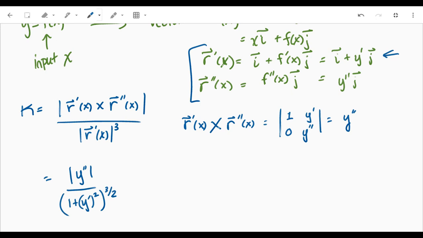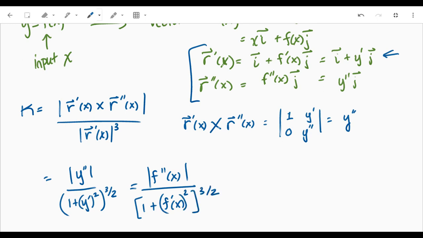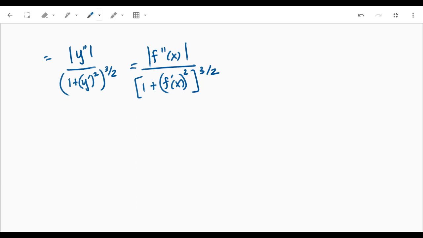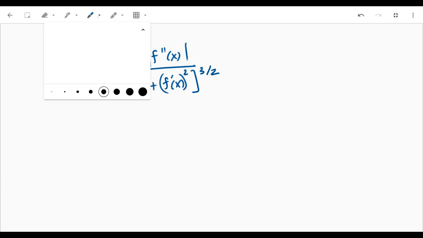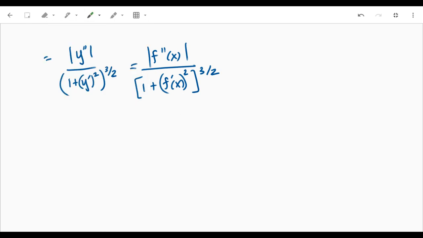So this will be the same as the magnitude of f double prime of x over 1 plus f prime of x squared, to the 3 halves. So there's your next formula. This is nice when we have a function, not a vector. So we can do an example.